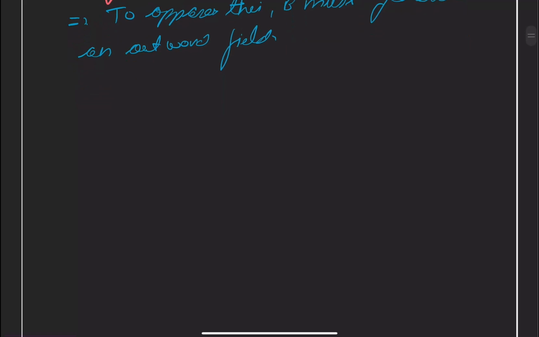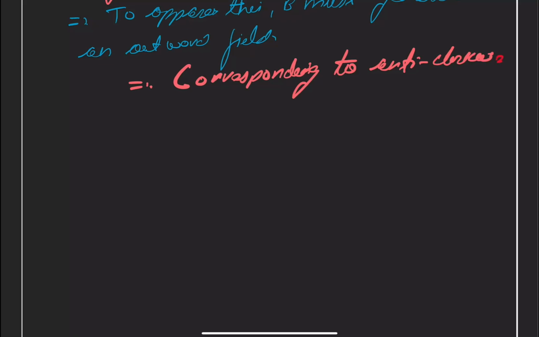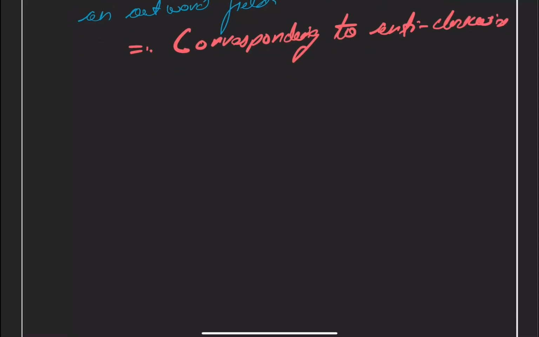So this corresponds to an anti-clockwise induced current in B. So the direction is anti-clockwise, and only this coil A will be able to produce the magnetic field.